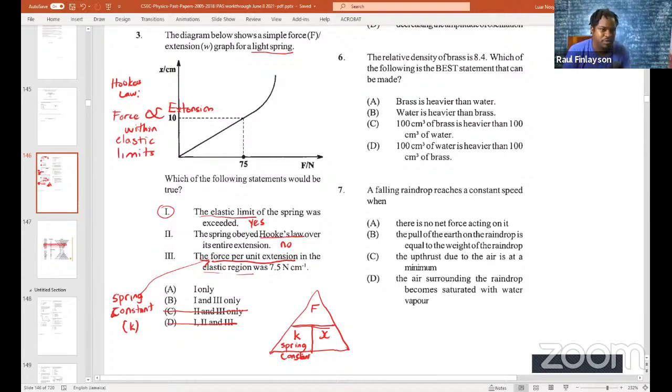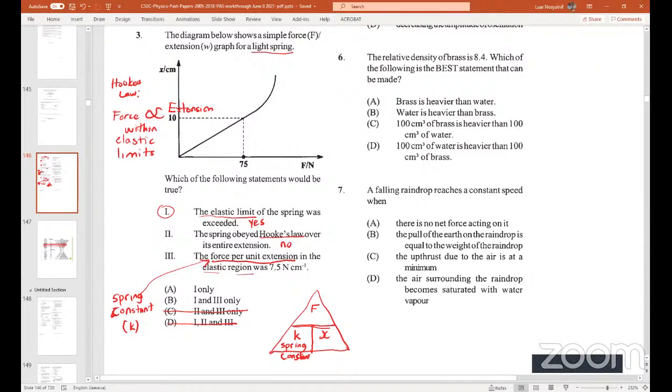Things fall somewhere in between perfectly elastic and inelastic. Let me leave you with this as well: the opposite of elastic is plastic. That's a word for the wise. Any questions there, guys? Yes, sir. All right.